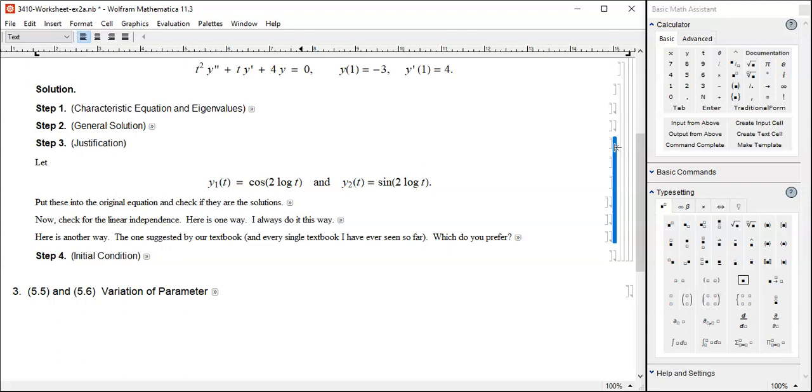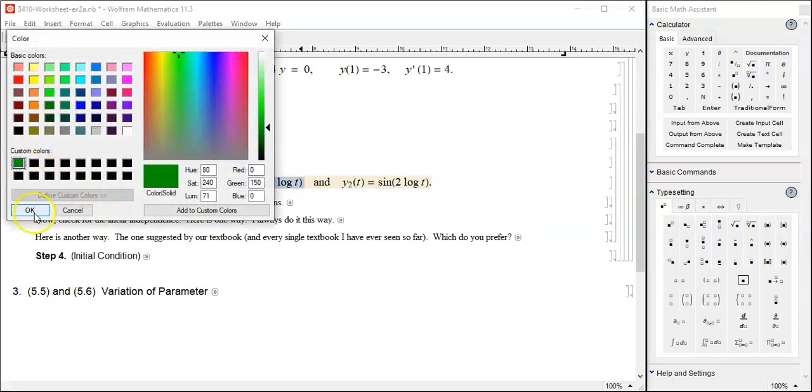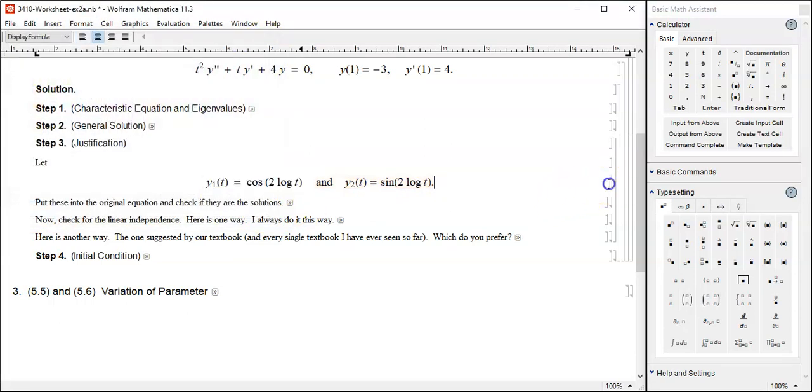Okay, here we go. y1 is cosine of 2 log of t, excuse me, and y2 is sine of 2 log of t. And here, let's consider this one only. Never mind. Let's highlight everything here.